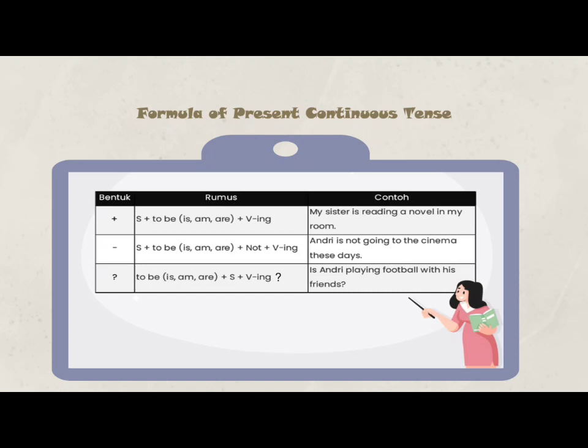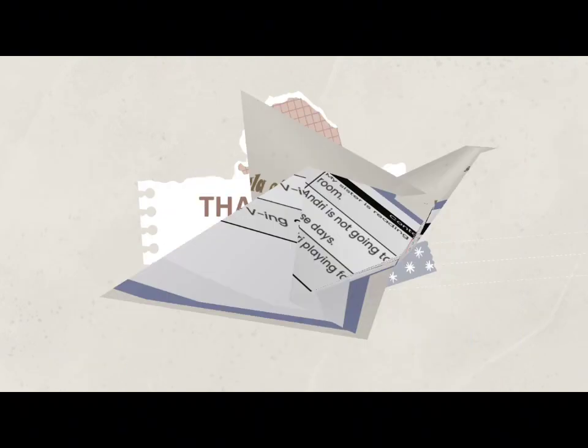And don't forget, guys, to put a question mark at the end of the sentence because it is an interrogative sentence stating a question. So it becomes to be plus subject plus verb ing plus question mark. Okay. The example is, is Andre playing football with his friends? Like that. Okay. That's the 3 kinds of sentences in present continuous.